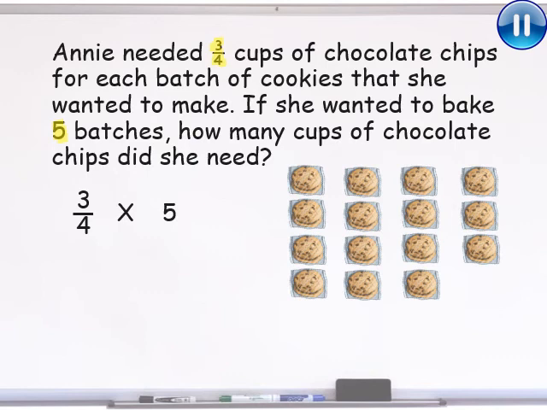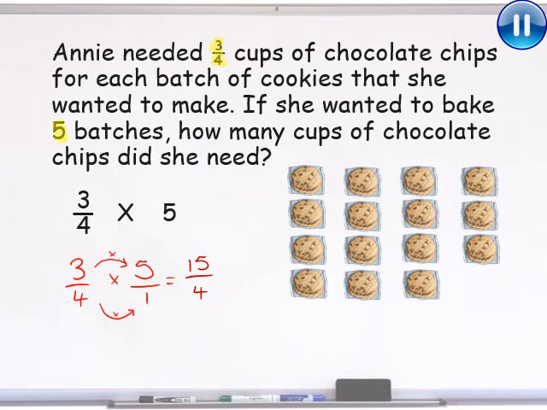Right, let's have a look, see what you've done. So you should have written 3/4, and then you should have turned that 5 into a fraction. Yeah? So then you're multiplying the top and the bottom together like that. So you would have had 3 5s are 15 and 4 1s are 4. Cool. Right, what have we got? We can't have it like that, can we? Because we can't say we need 15/4 cups.